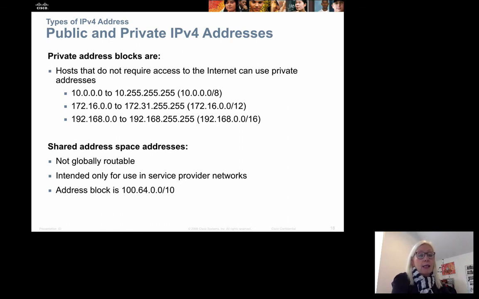So we have these three ranges of private IP addresses: 10.0.0.0/8, 172.16.0.0/12, and 192.168.0.0/16. They are only private addresses, never routed out.